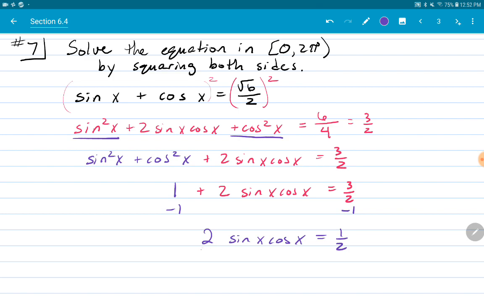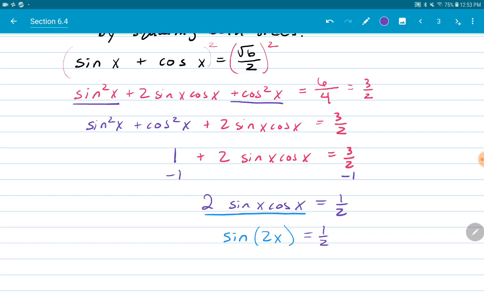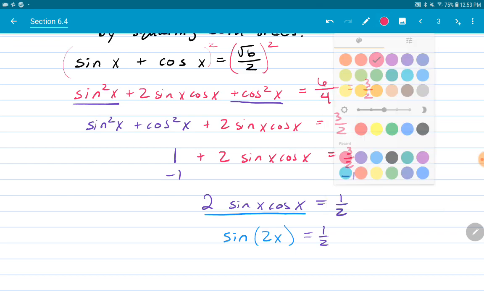And then this is familiar. This looks like the identity for the double angle for sine. So that piece I can replace with sine of 2x. And now I've gotten my equation down to one trig function, so I can take the sine inverse of both sides now.